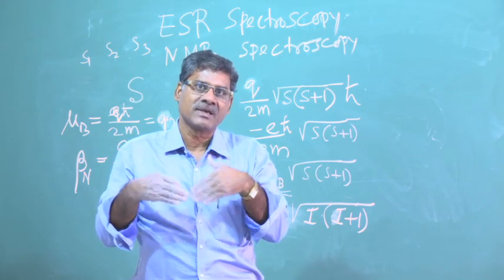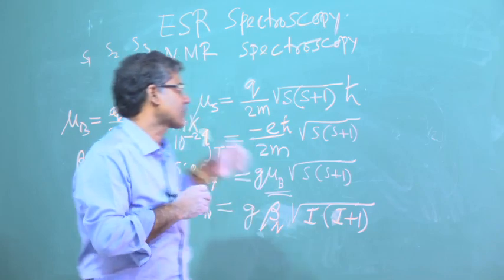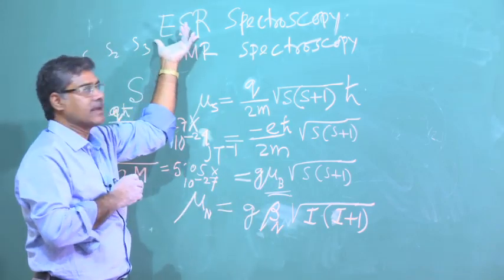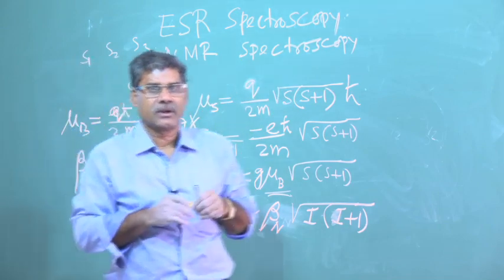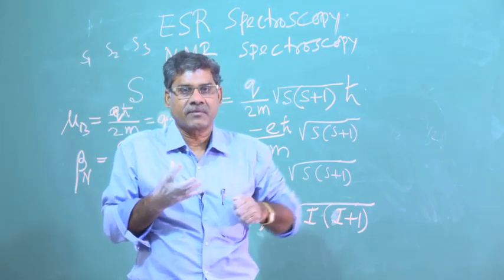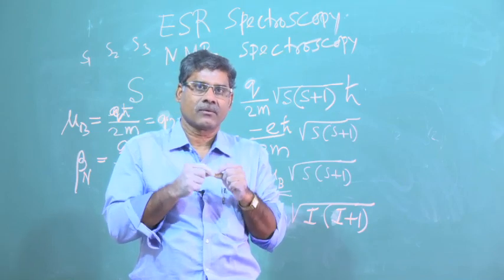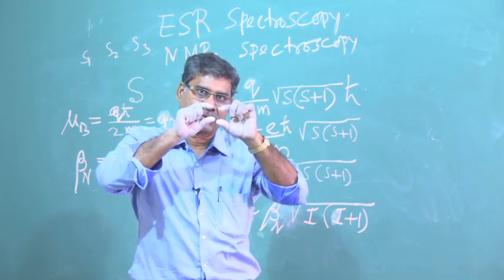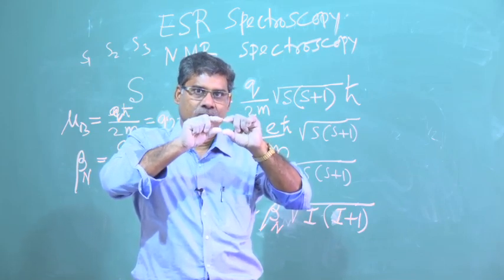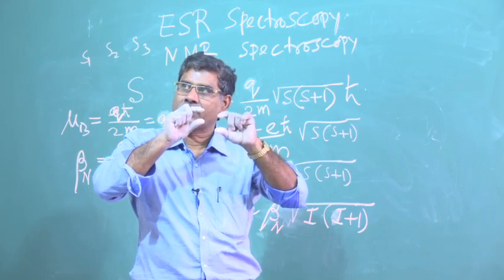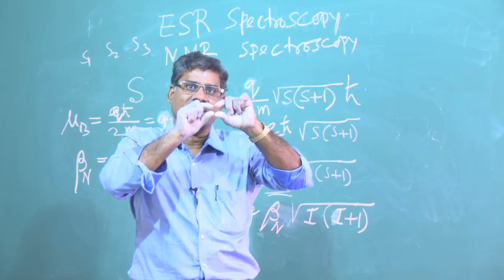To overcome this crisis, resonance spectroscopy is very popular and very useful, because the resonance phenomenon is very strong, and one can use resonance to probe this kind of finer splitting of the energy levels.